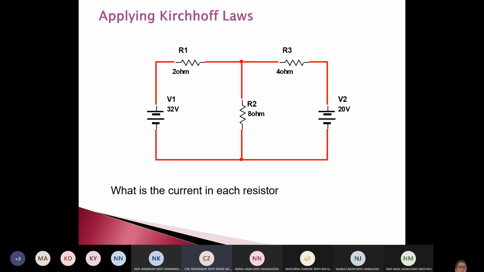Then you need to find out how to solve this. So you have I1 and I3, but now you also have I1 plus I3 equals I2. So how do you solve this?